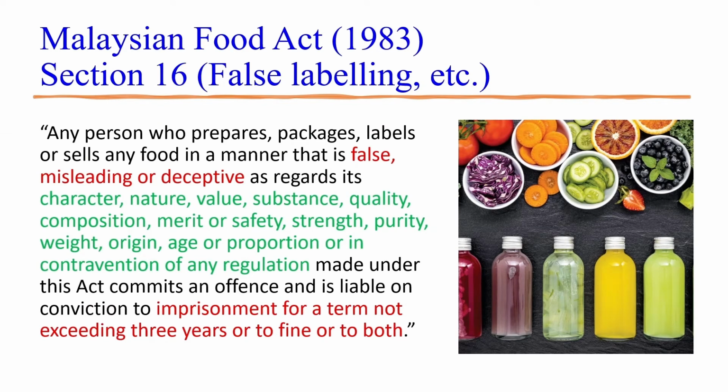So let's continue to another clause. It is stated by the Malaysian Food Act 1983 in section 16, on false labelling: any person who prepares, packages, labels or sells any food in a manner that is false, misleading or deceptive as regards its character, nature, value, substance, quality, composition, merit or safety, strength, purity, weight, origin, age or proportion, or in contravention of any regulations made under this Act, commits an offence and is liable on conviction to imprisonment for a term not exceeding 3 years, or to a fine, or to both.